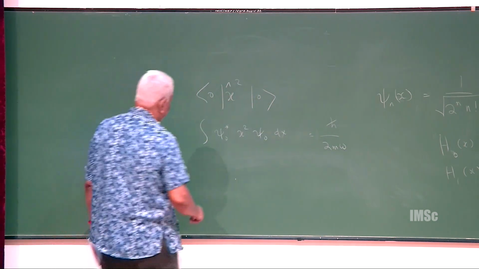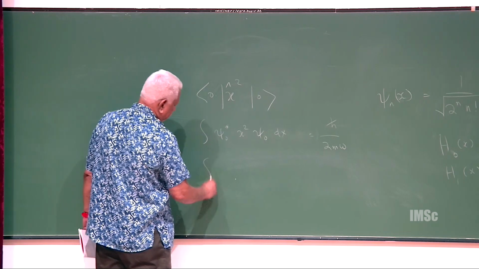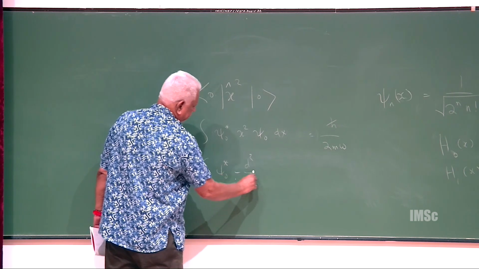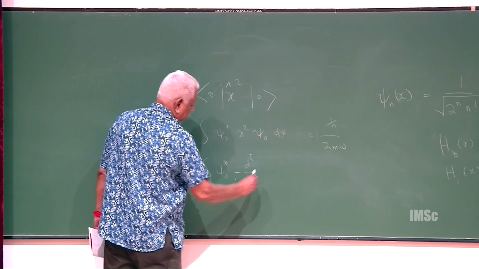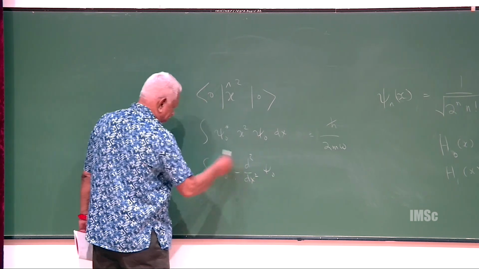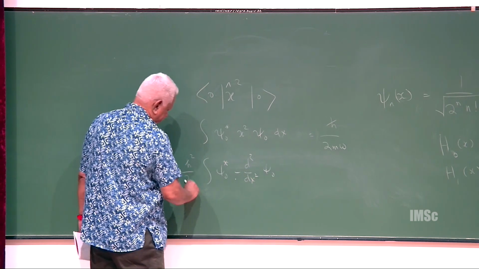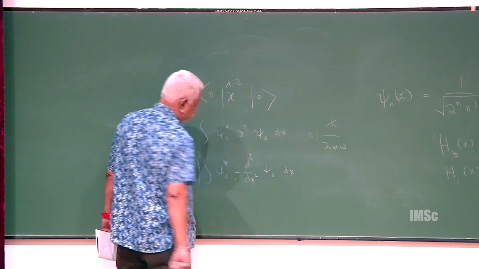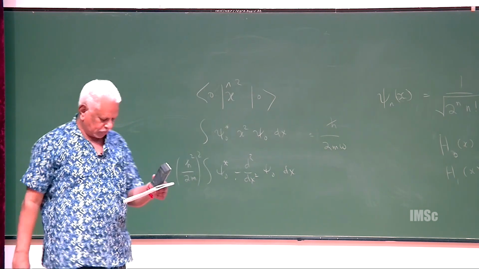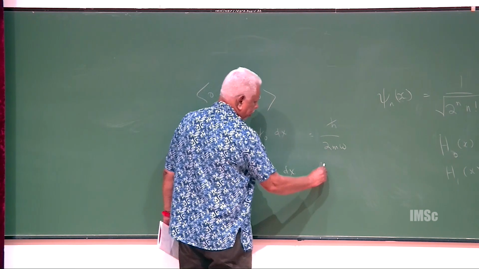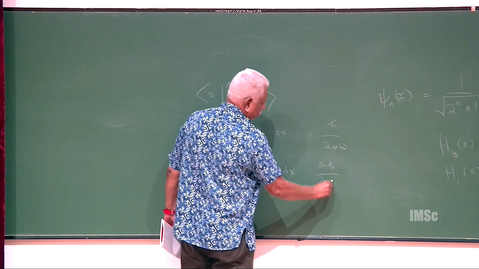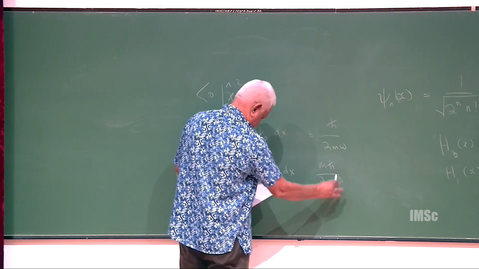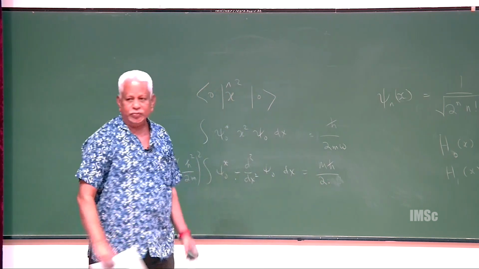And if you do that for p², that is ψ0* times minus ħ² d²/dx² ψ0 integrated over dx, you will get the answer mħω by 2. That is all. This is what you will get.